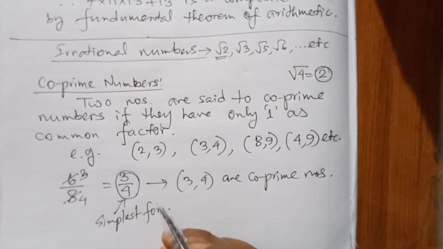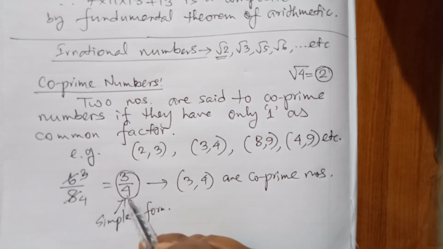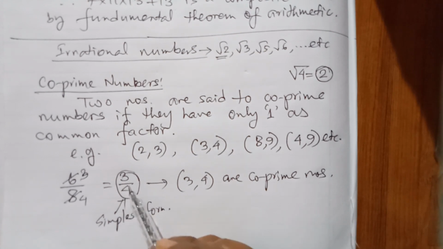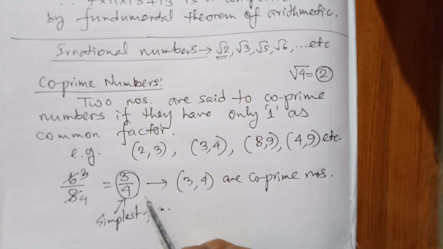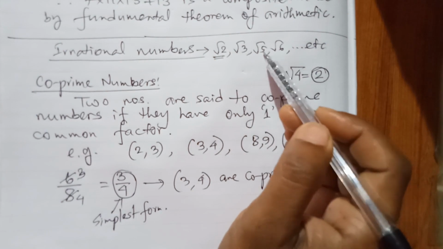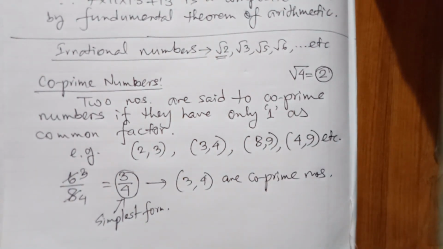So see, from now you should remember that every rational number can be converted into the simplest form, and in that case the fraction will have numerator and denominators and both will be your co-prime numbers. So this co-prime numbers concept you have to use to prove that root 2 or root 3 or root 5 as irrational numbers. So now let's start with root 2.